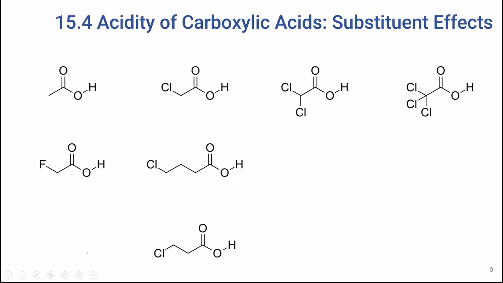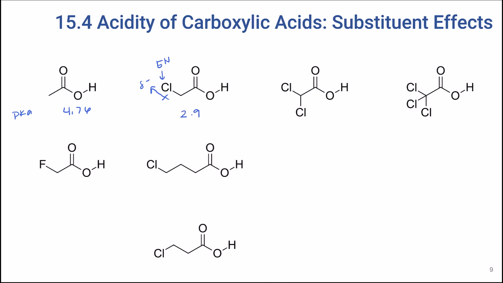If we add different groups to the carboxylic acid, where our R group is, that can change the acidity as well. So for acetic acid, the pKa we said here was around 4.76. If I add 1 chlorine, this is electronegative, it's going to draw electron density out. And so that's going to, via induction, make this more acidic. So my pKa now is 2.9. So that makes it more acidic.